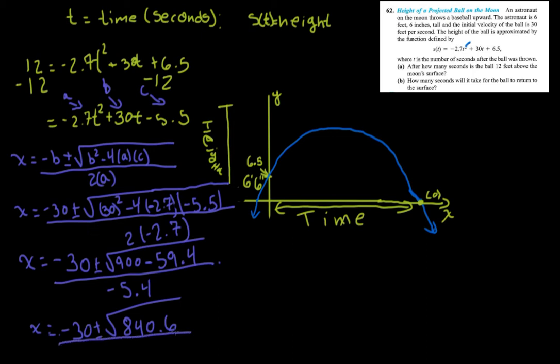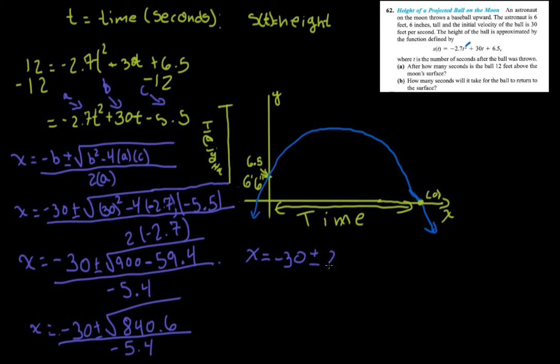Right, so negative 5.4. All right, so the square root of that is going to be 28.99. And keep in mind that because this is plus or minus the square root, you will have two answers, right? But I'm going to explain a little bit about it.